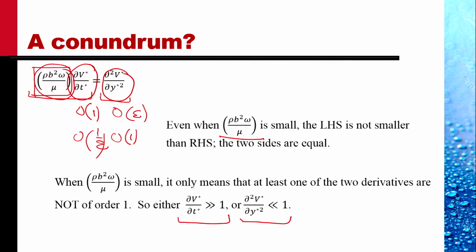So, we expect when a situation like this arises, that is, when we have two terms in an equation that are equal, and after normalization, one of the terms has a coefficient which is very small, then the only way out is that we should suspect that our normalization is not proper.